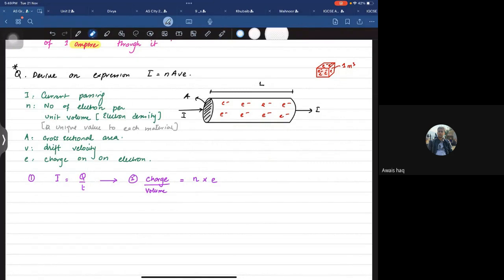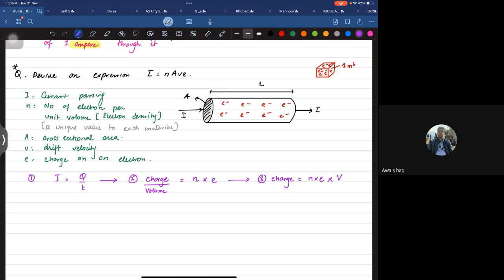Now, in the next step, I want to find the charge in the whole wire. What can I do? I will multiply this value, which is the total charge in a unit volume, which means 1 meter cube, by the total volume of the wire itself.